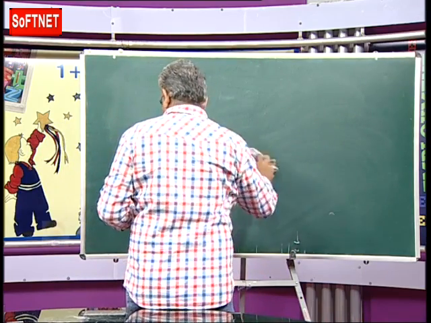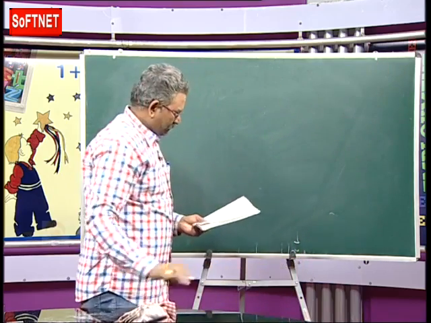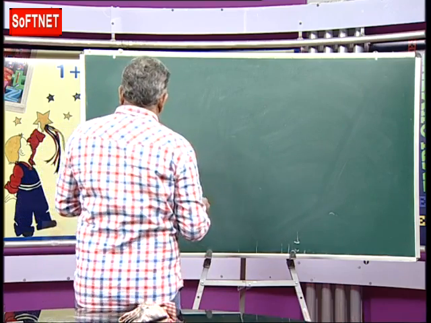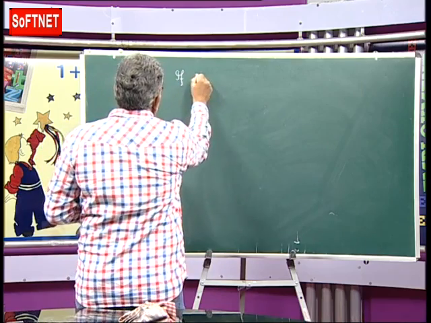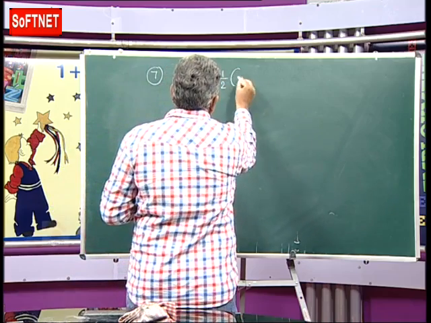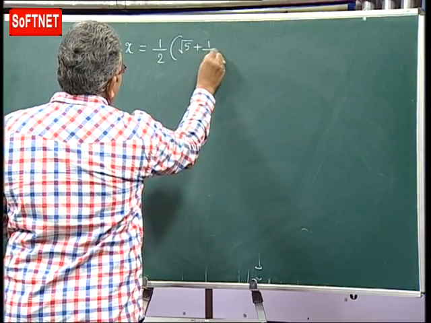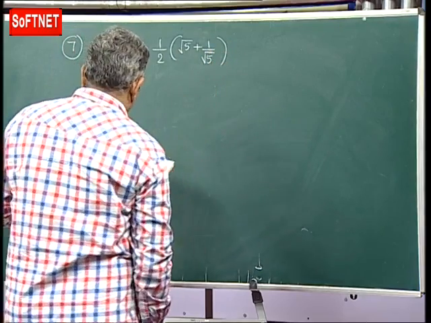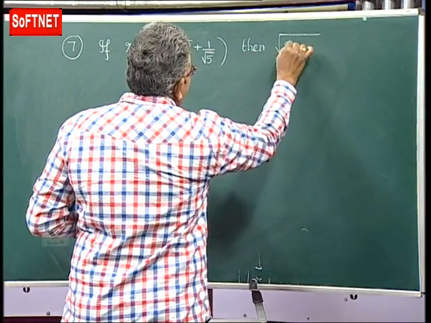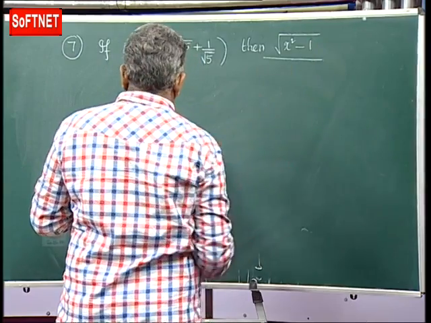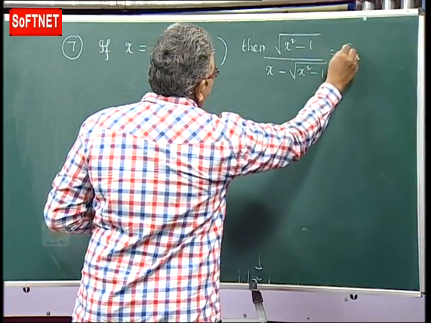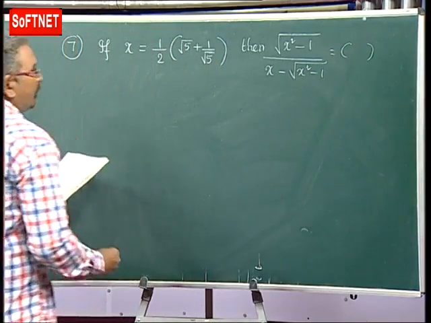Next question. Seventh one. If x is equal to 1 by 2 into root 5 plus 1 by root 5, then root of x square minus 1 by x minus root of x square minus 1 equals.